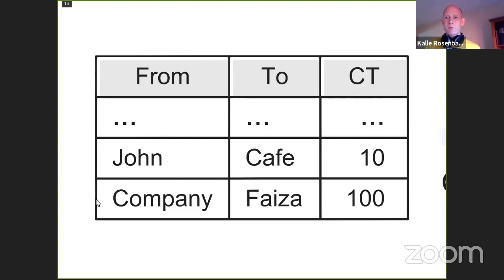Everybody can read this spreadsheet, but only one person named Lisa has write access. So when John wants to buy a cookie from the cafe, he asks Lisa to move 10 cookie tokens from him to the cafe. And Lisa does that by adding a row to this spreadsheet.